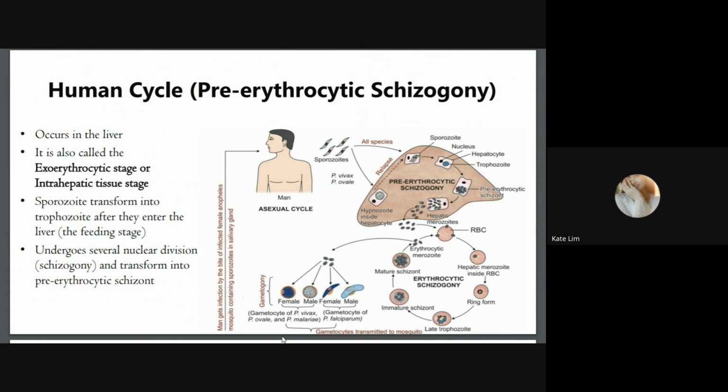So the circumsporozoite protein on the surface of the sporozoites would bind to the hepatocytes. With the help of your apical complex and your circumsporozoite protein, it would bind to the hepatocytes, or your liver cells.